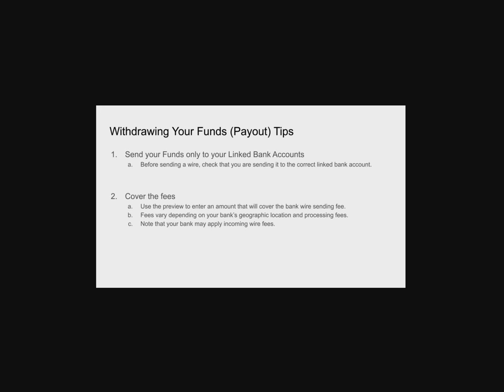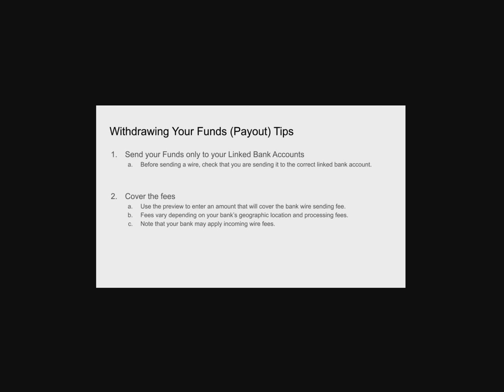Here's where giving it a relevant and meaningful name when you are adding your bank account helps you distinguish between your safe bank accounts. Also, as you review your payout, ensure that you enter an amount that will cover the bank and processing fees. This fee can vary depending on your bank and geographical location.